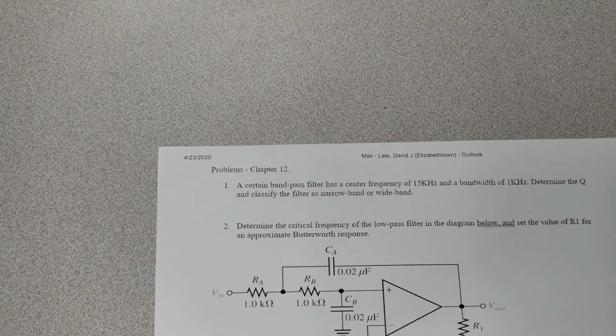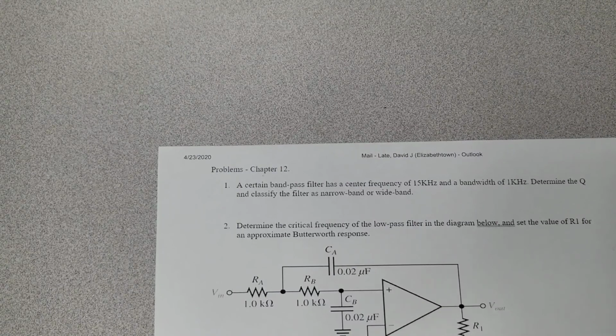The next problem we're going to look at states that a certain bandpass filter has a center frequency of 15 kilohertz and a bandwidth of 1 kilohertz. We need to determine the Q and classify the filter as either a narrow band or a wideband filter.